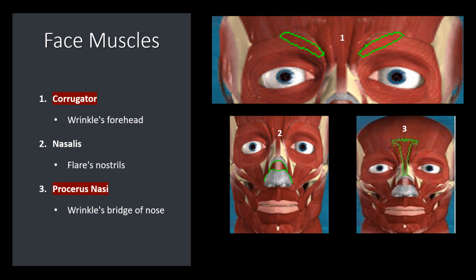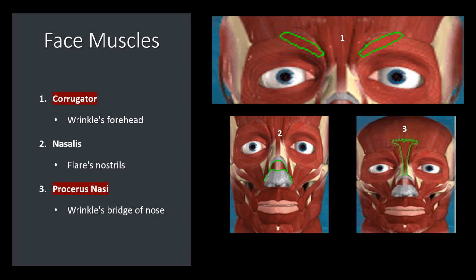Now, the nasalis is actually on the nose. So the nasalis. And the nasalis sits just above your nostrils and flares the nostrils. So your nasalis, not that difficult to remember, flares the nostrils.